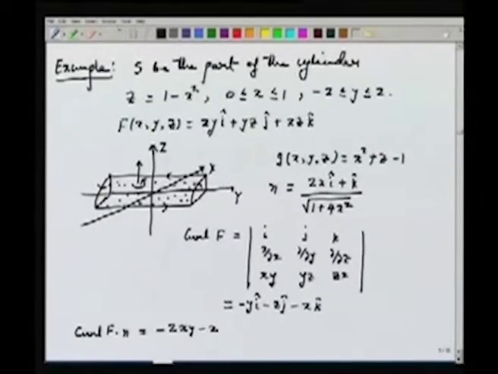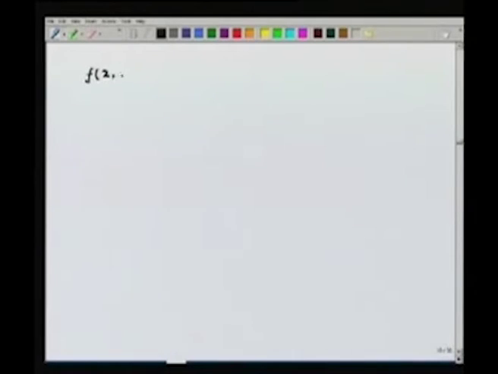Then the next thing we need to calculate is the area of integration on the surface. So I look at the surface as f of x, y equals 1 minus x square. In that case, I know the formula for d sigma is square root of 1 plus fx square plus fy square dx dy.